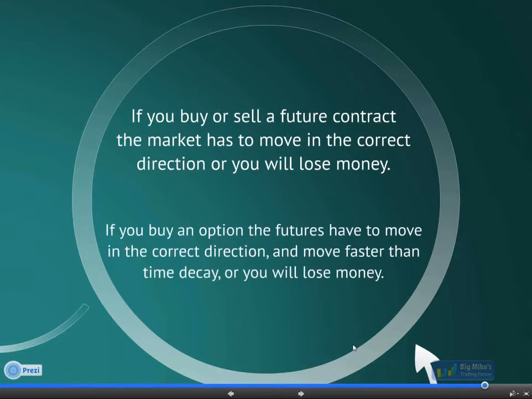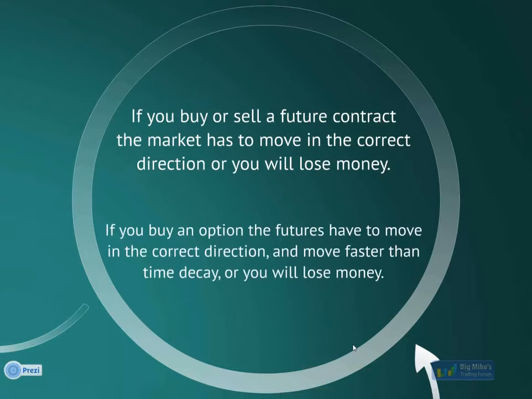So there's no wishy-washy there. It's got to move in the direction you are positioned. If you buy an option, the futures have to move in the correct direction and move faster than the time decay of your premium or you'll lose money. If you buy a 98 crude call now, futures have to go up, and they have to go up more than time decay or you lose money.